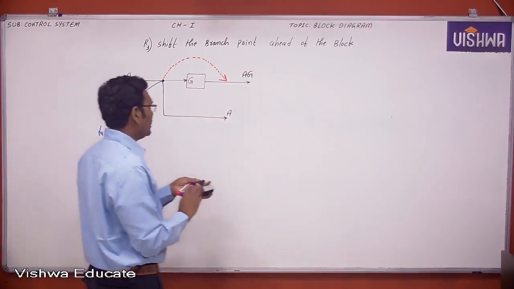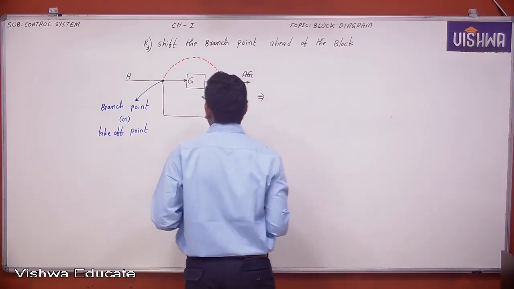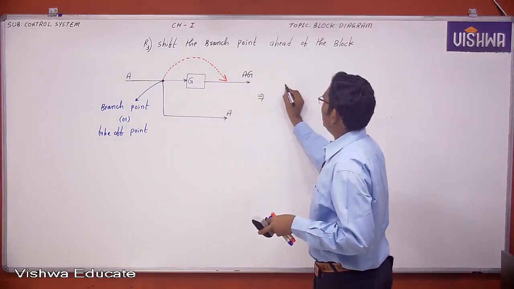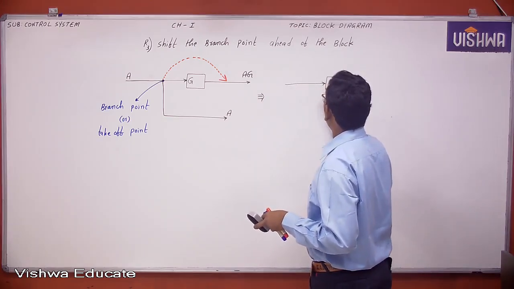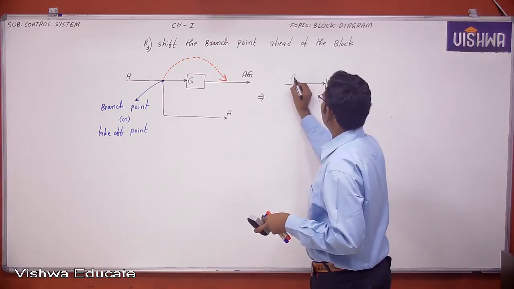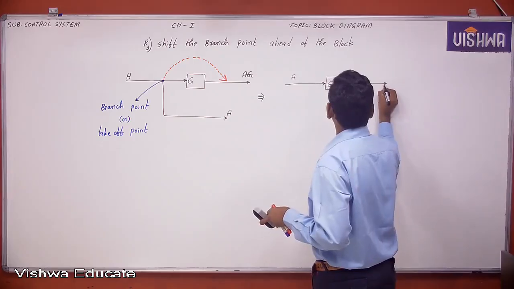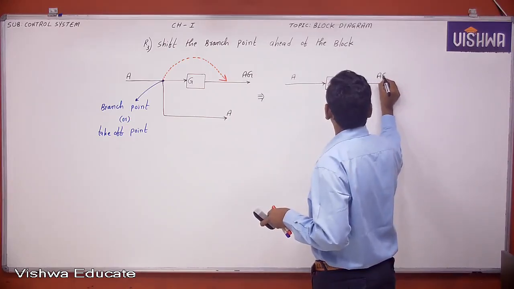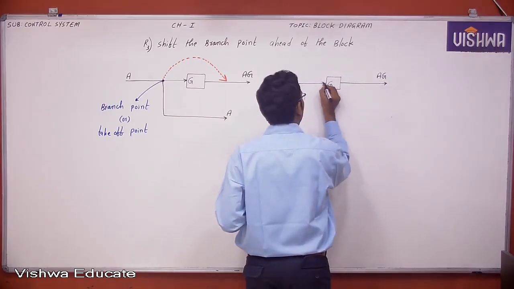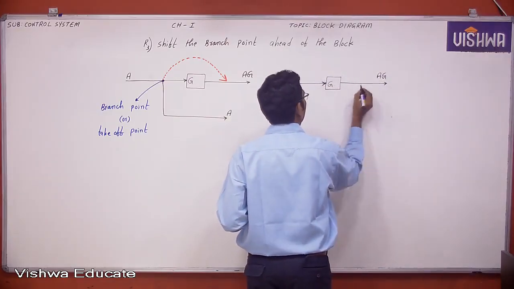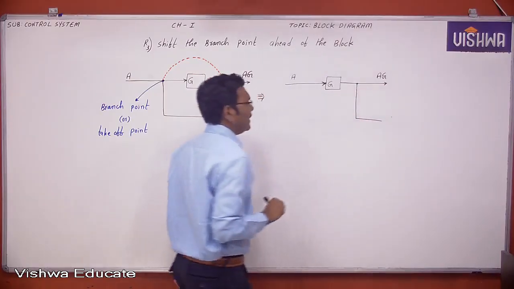So what changes take place while you shift the branch point? So what happens? This is G, the forward path gain. Now this is A. Now this is AG. But if this branch point is here, this path value is AG, right?